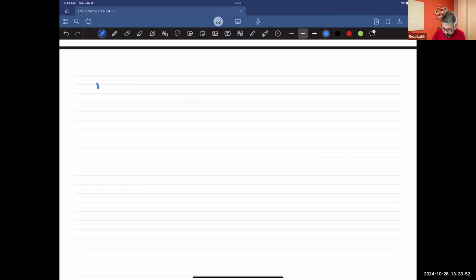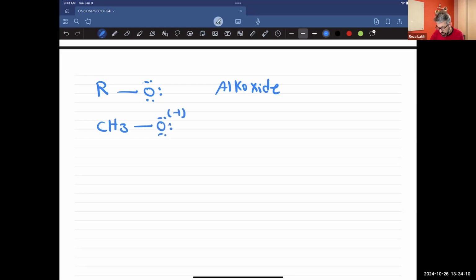And something that I want to mention before we move to the next subject is, we got R attached to, let's say, oxygen. Oxygen has the negative charge, and we call this one alkoxide. One example, if you go methane, attached to oxygen, -1, the name for this one will be methoxide. If it has a negative charge, you call it methoxide.